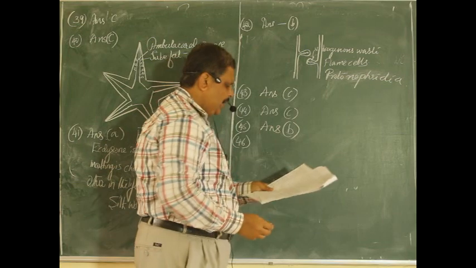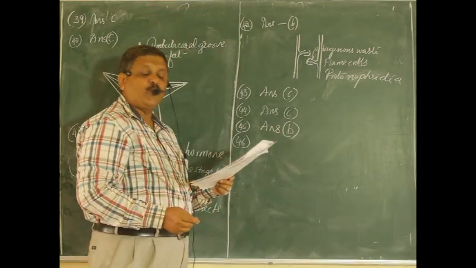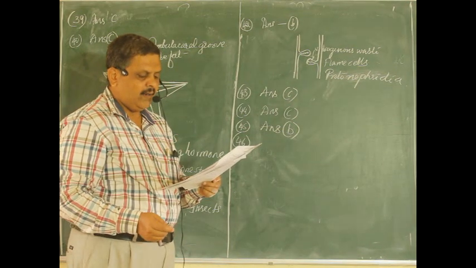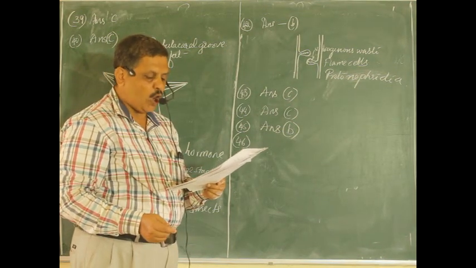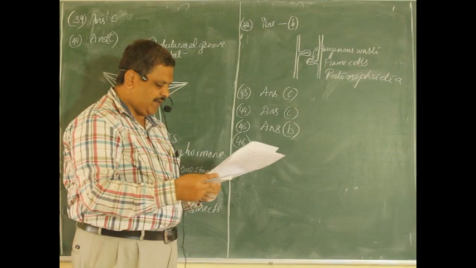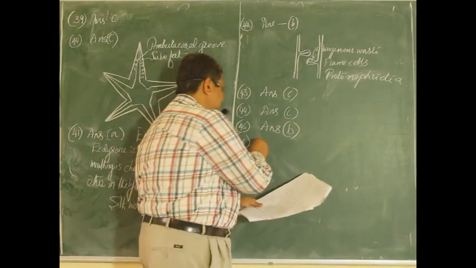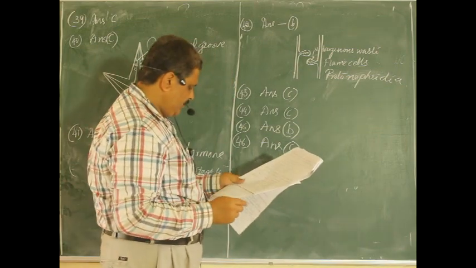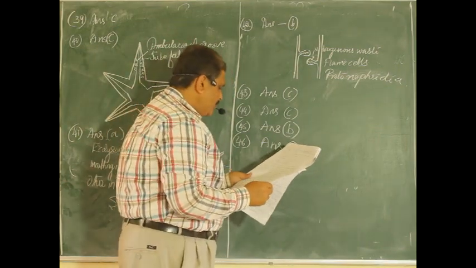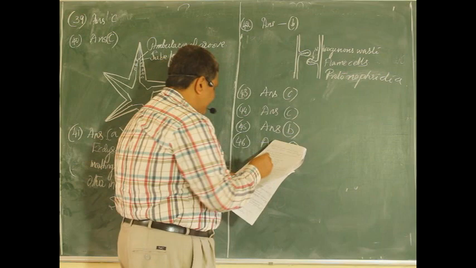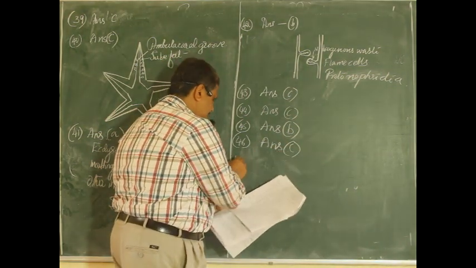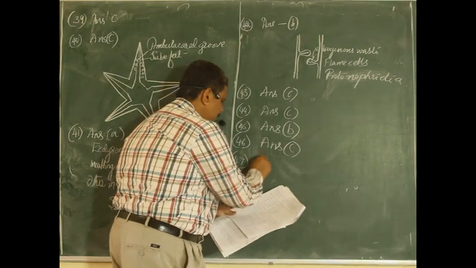Question number 46. Which of the following is the most poisonous lizard? Chameleon, glass snake, Heloderma, horned toad. So the option is C. Then Jacobson's organ is concerned with touch, hearing, smell, or sight.